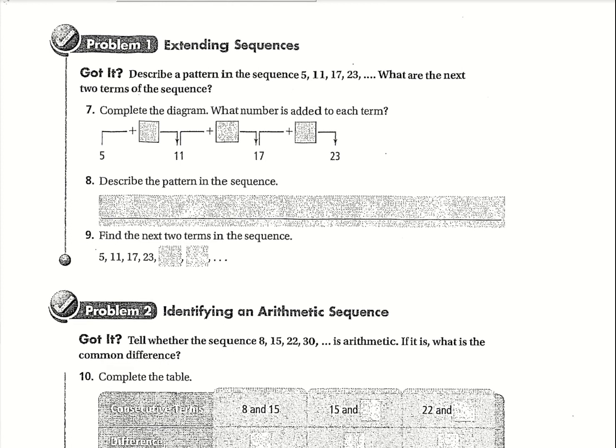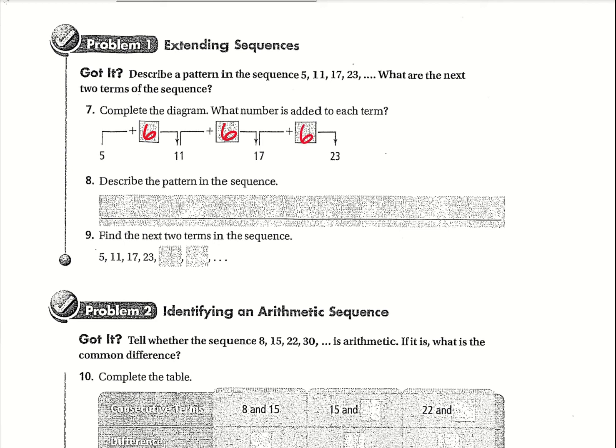So looking at problem 1, we have this Got It problem, even though we haven't done a whole lot yet. Describe a pattern in the sequence 5, 11, 17, 23. What are the next 2 terms of the sequence? It asks us to show what happens in between them. On the first one, 5 to 11 is plus 6. 11 to 17 is plus 6, and 17 to 23 is also plus 6.